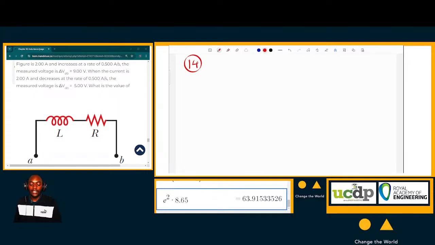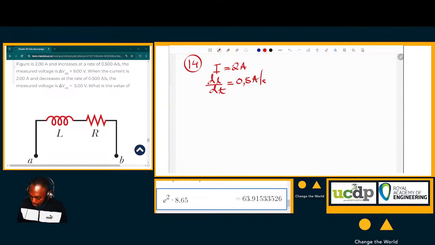We're told that for a potential of 9 volts, we've got an increasing current. So for the first case, I is equal to 2 amps, and your di/dt is equal to 0.5 amp per second.